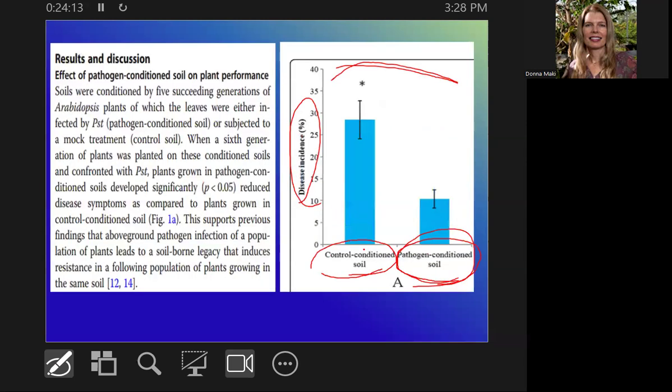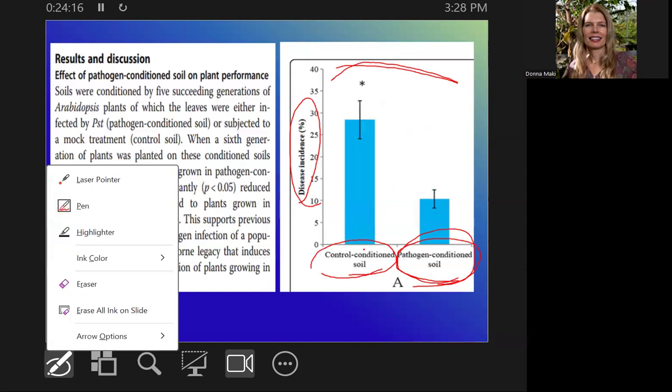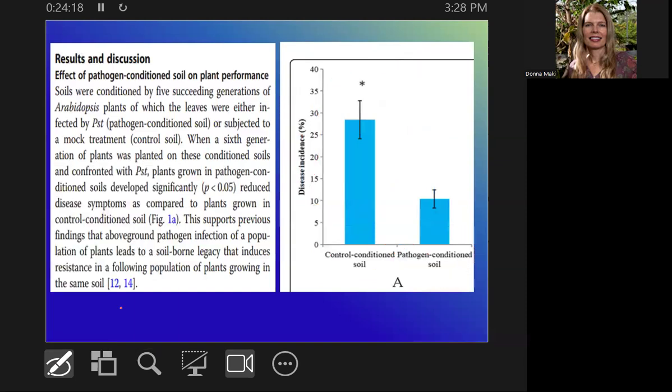This one, on the other hand, is disease. So here we're looking at percent disease on the y-axis, and you can see a big difference, a significant difference in terms of disease.